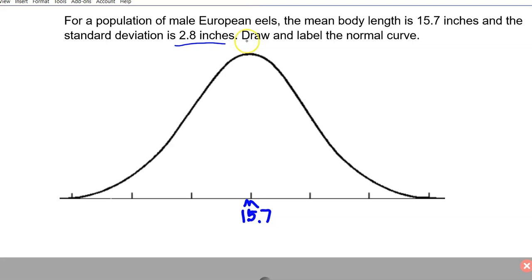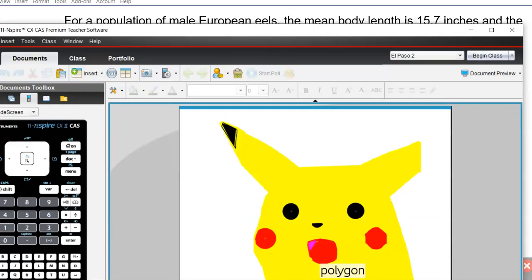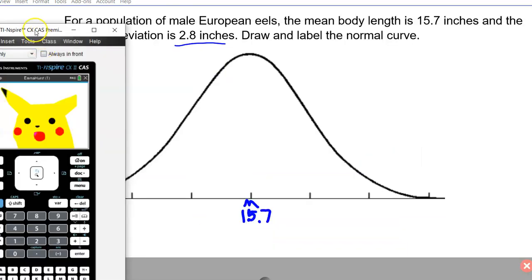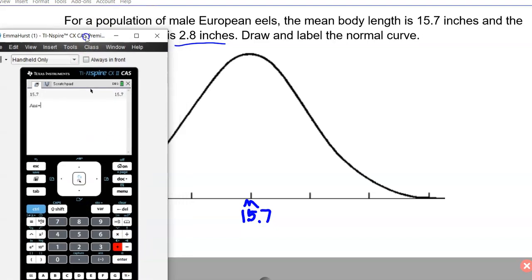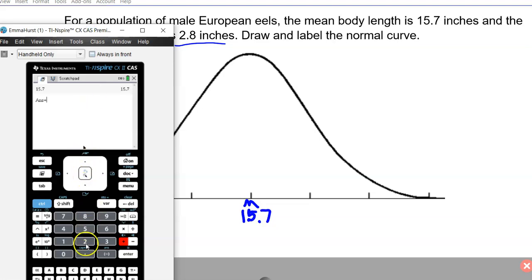If you can't do it in your head, you can basically just bring up a calculator. Let me bring that up so you can see it. So you can start with 15.7. One thing I like to do, I like to press enter. Then I say plus 2.8. Let's make sure, 2.8 plus 2.8.